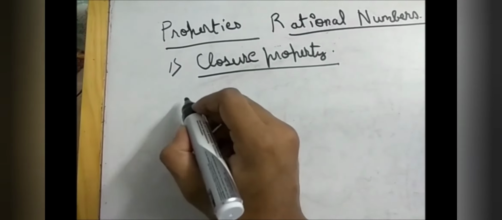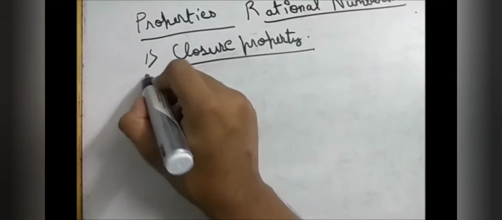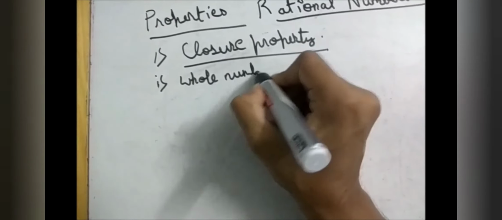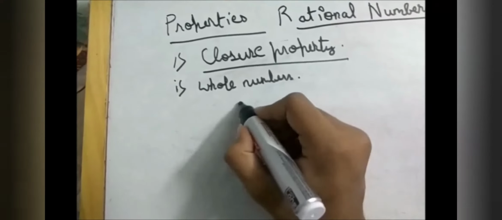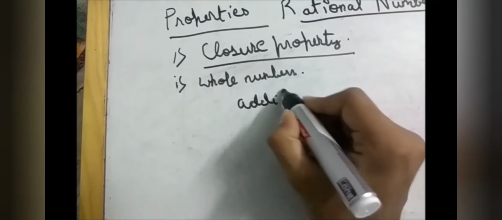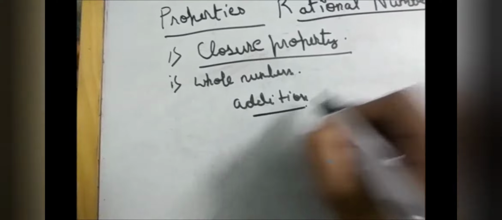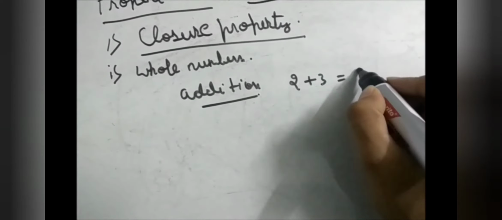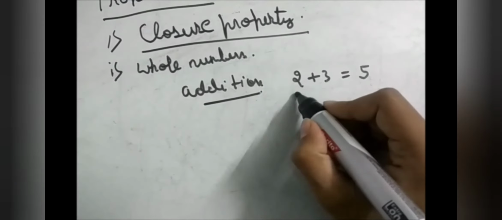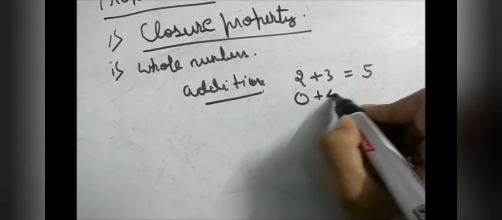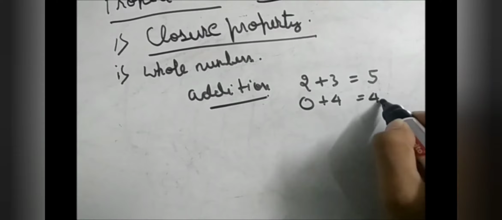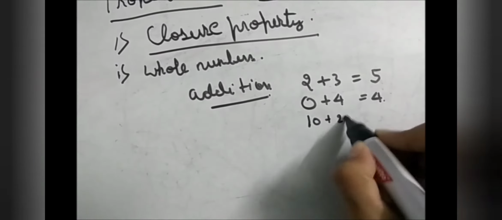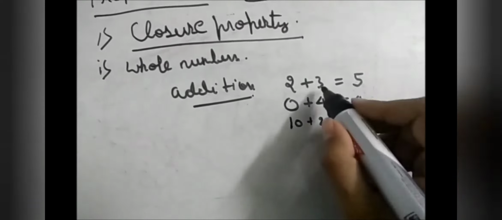Okay, now let's see under whole numbers. If we take addition, 2 plus 3 is equal to 5. 0 plus 4 is equal to 4. 10 plus 20 is equal to 30.